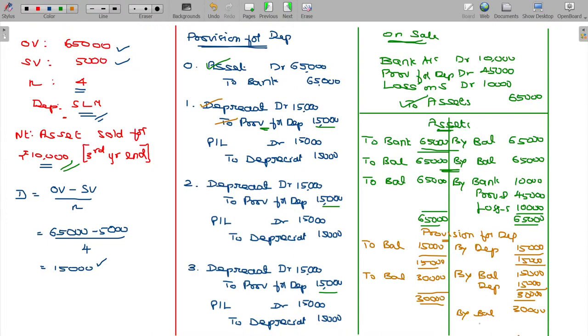Again, I am creating the depreciation 15 for this year. In the third year, the asset disposed, then the provision for depreciation no more required. Will be transferred from provision for depreciation account to asset account. Transfer. So with that, the provision for depreciation account will be completely closed. So we have completed the provision for depreciation.